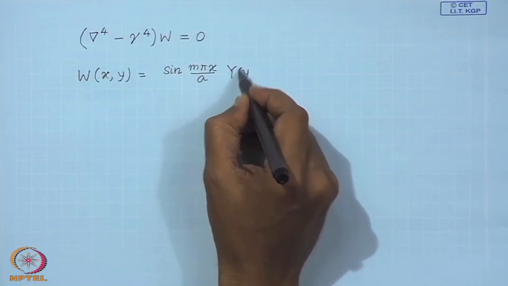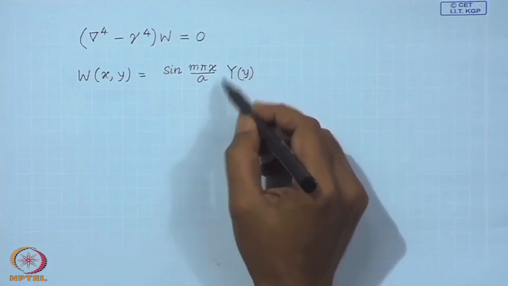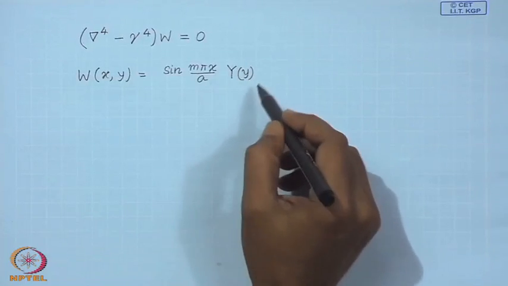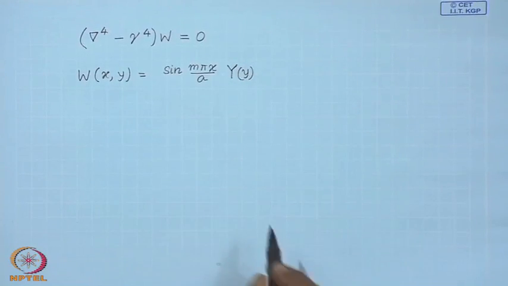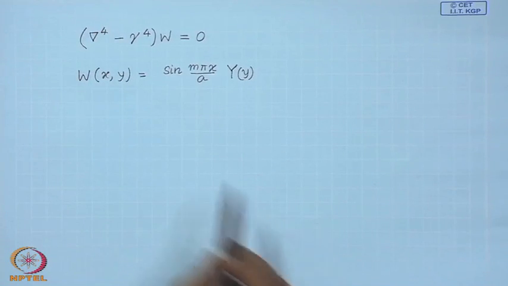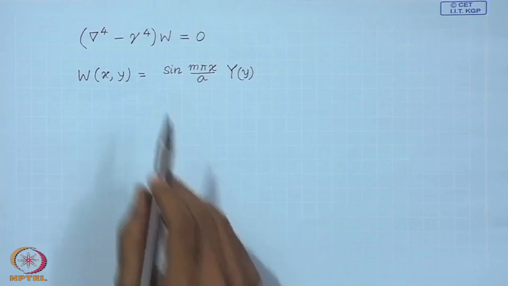For the y coordinate, let us have this function, as yet unknown, capital Y, which is a function of the y coordinate. Let us try this solution in the differential equation of our eigenvalue problem.